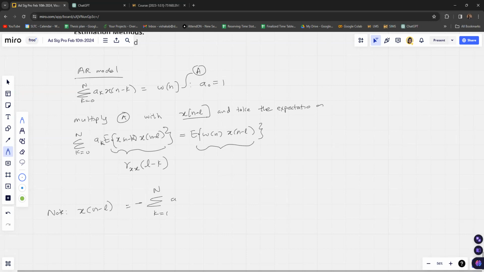So if we take the first term as x n minus L, it's like substituting n here with n minus L, right? So you have to substitute n equals n minus L in A. Once you do that, you can get an equation like this.